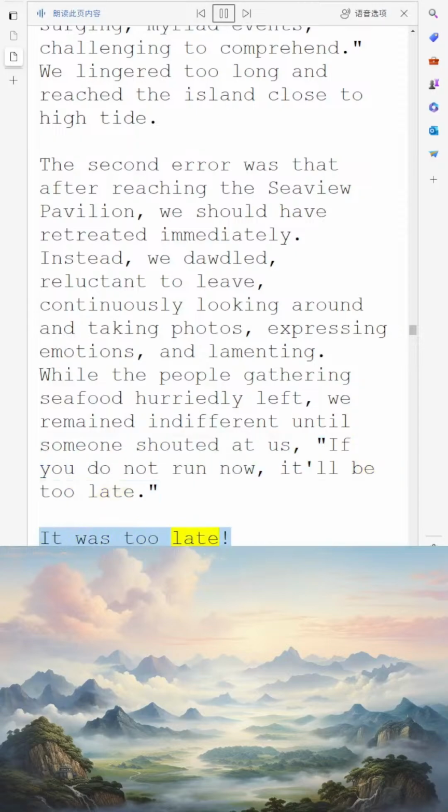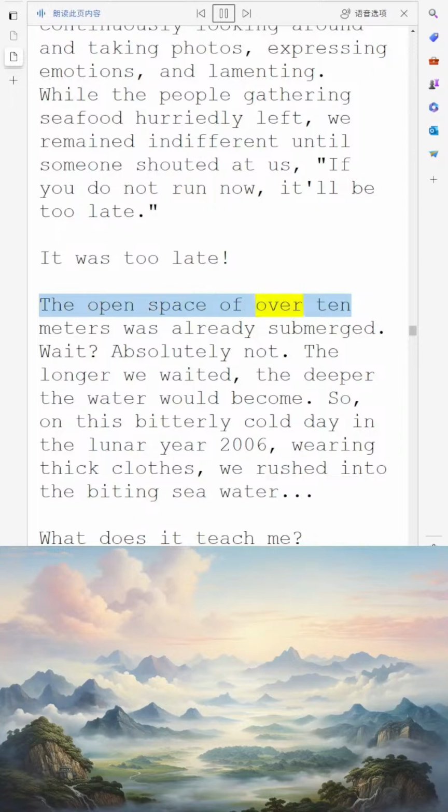It was too late. The open space of over 10 meters was already submerged. Wait? Absolutely not. The longer we waited, the deeper the water would become. So, on this bitterly cold day in the lunar year 2006, wearing thick clothes, we rushed into the biting sea water. What does it teach me?